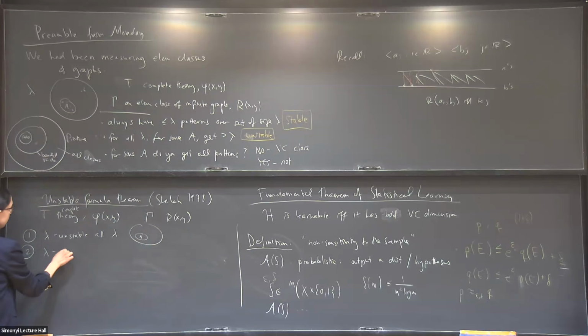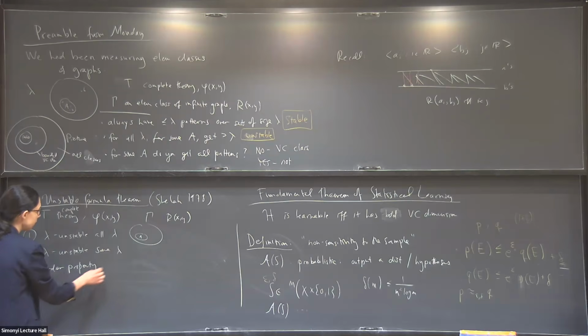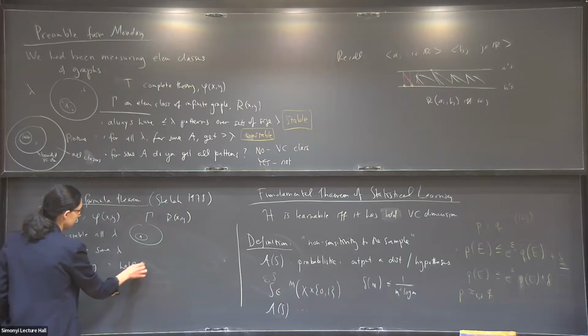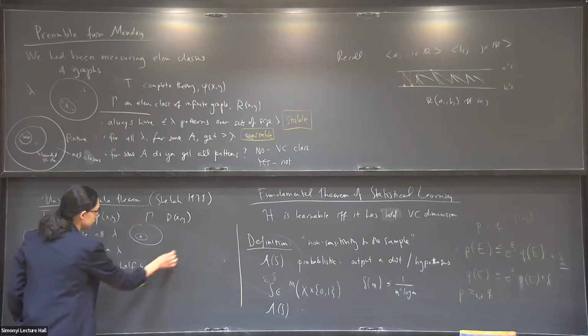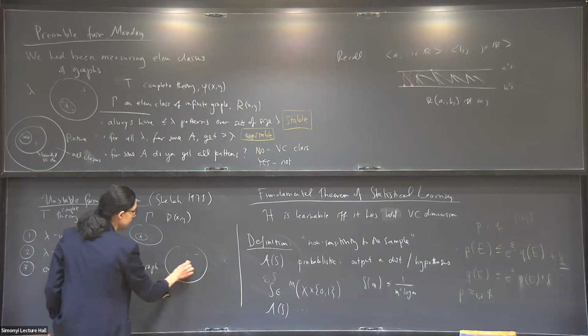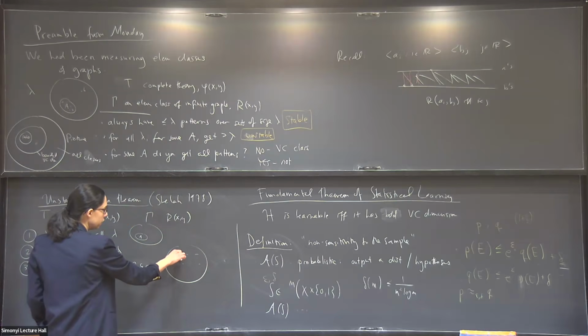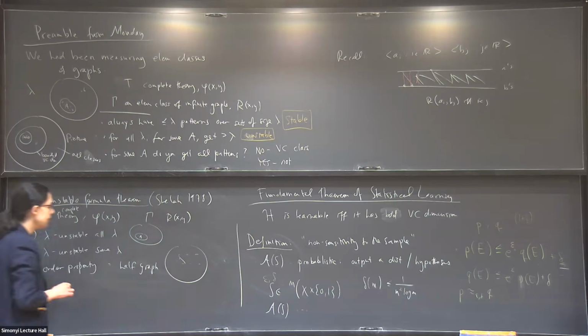Or lambda unstable, for some lambda, the order property, which is what we had been calling a half graph. So is there an infinite set of A's and an infinite set of B's so that your formula holds going forward and not going back?